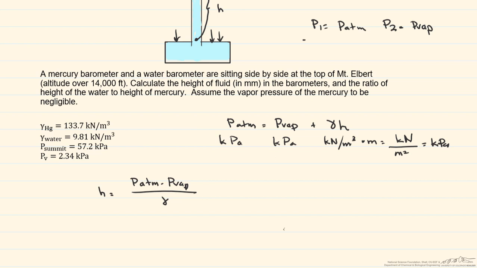So let's start with mercury. Our P1 is atmospheric pressure, and we're told that at the top of Mount Elbert, which is where we're looking for our heights, that atmospheric pressure is 57.2 kilopascals.